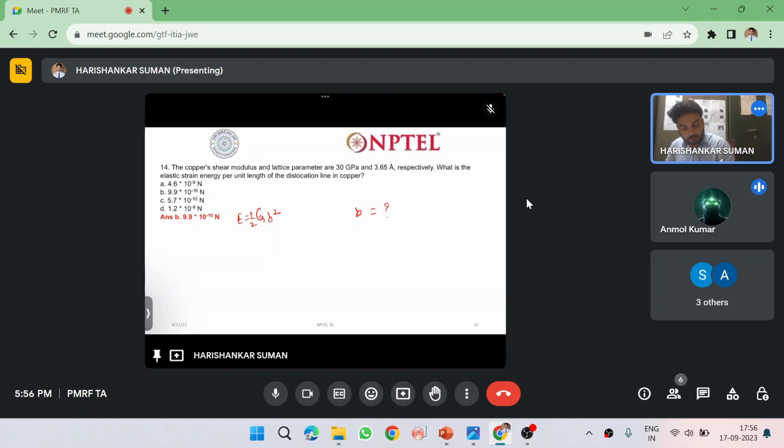This can be calculated from the formula for copper, which is FCC. So it is equal to a by root 2, and a is 3.65.